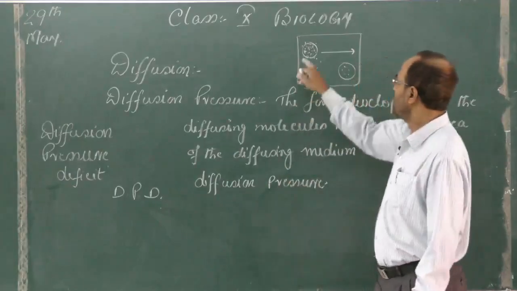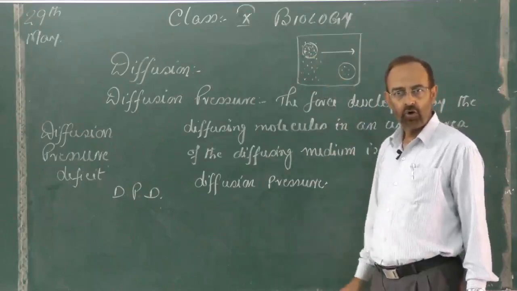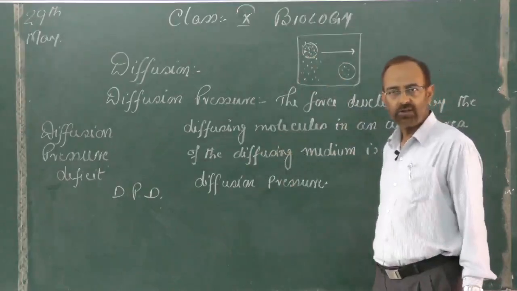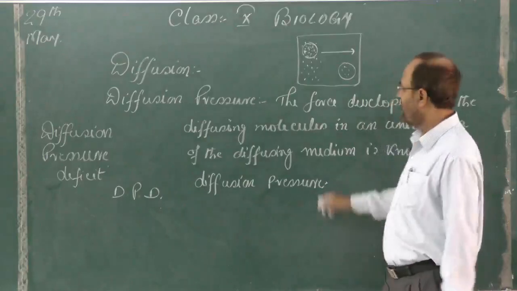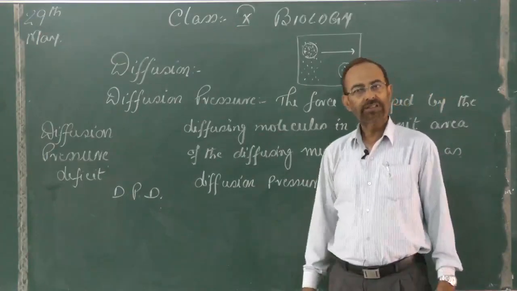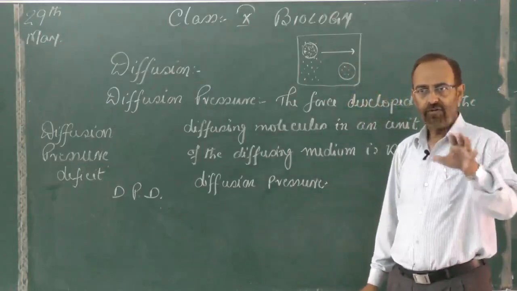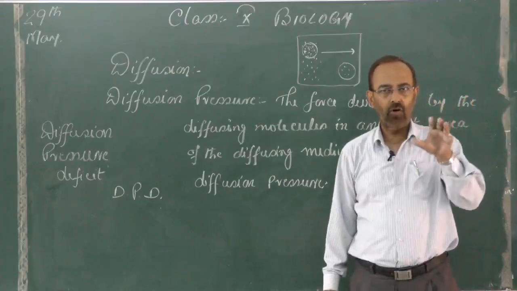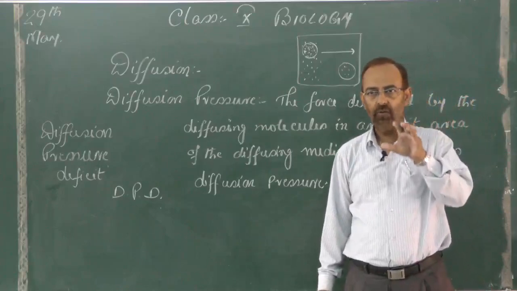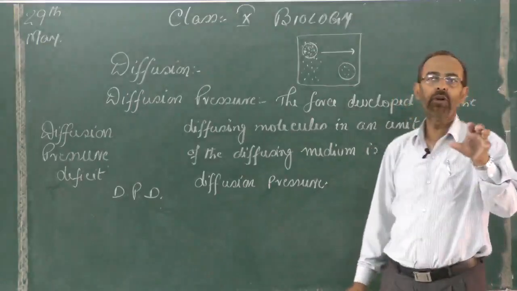So definitely the diffusion pressure at this area will be more because more number of molecules or particles are present, and the diffusion pressure in this area will be less because less number of molecules are present. Yes or no? Diffusion pressure depends on the total force produced by the diffusing molecules in a unit area.